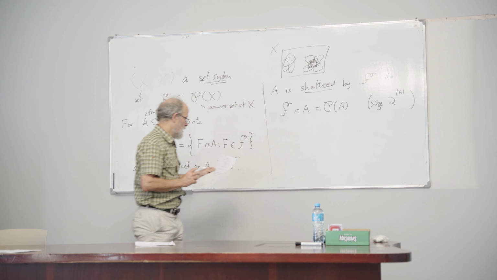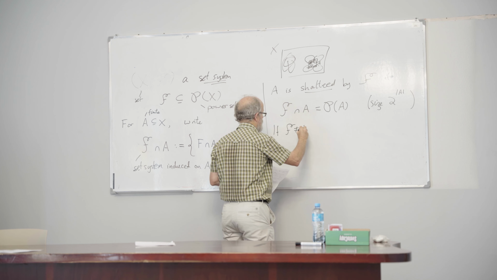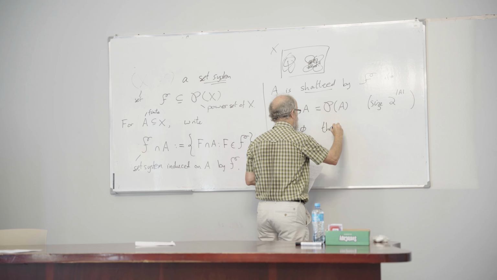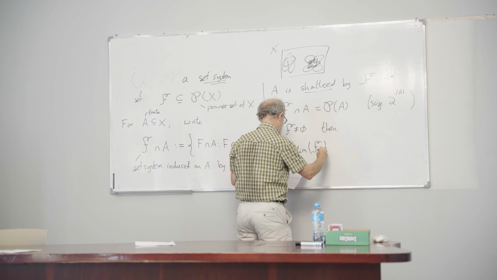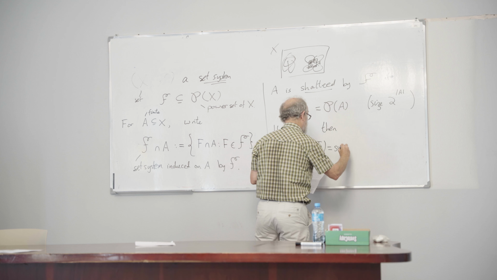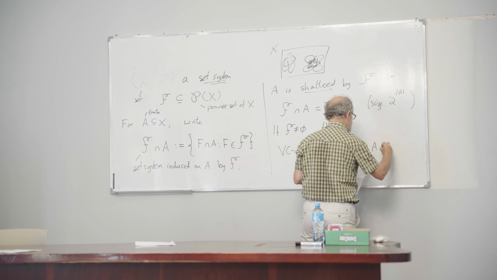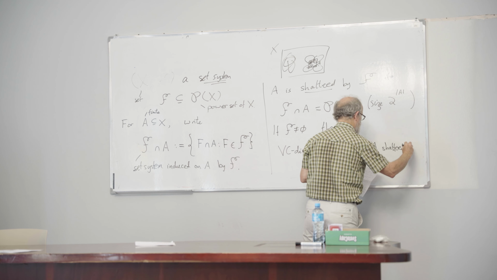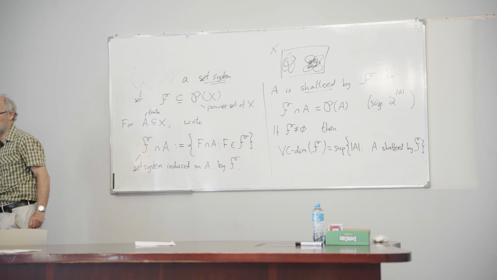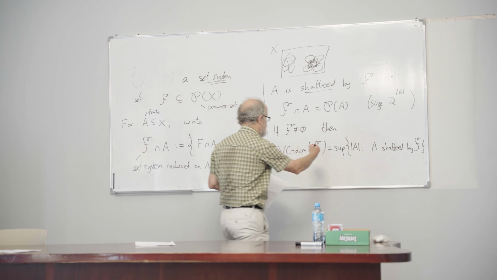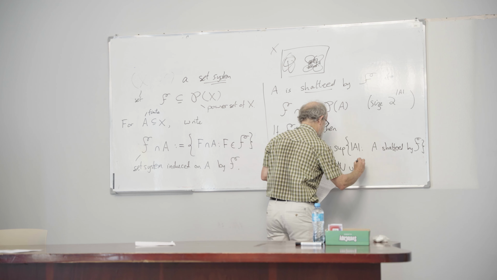Okay. And then if F is non-empty, the VC dimension, Vapnik-Chervonenkis dimension, of F is the supremum of the sizes of the sets A such that A is shattered by F. So it's the largest possible size of a set shattered by F. This supremum is meant to be in N, or if there is no largest natural number, then it is infinity.